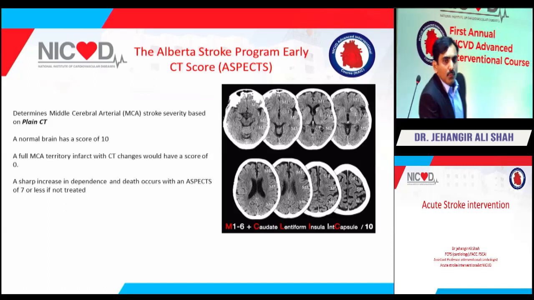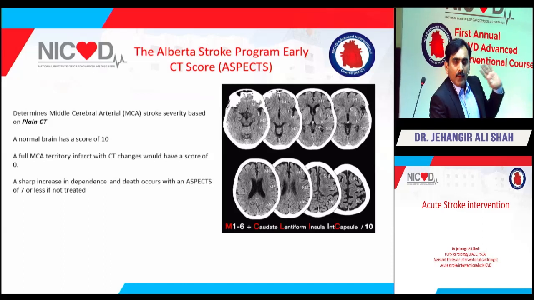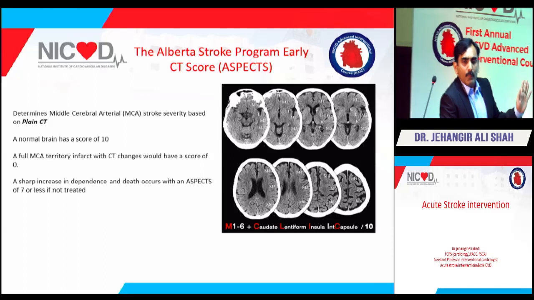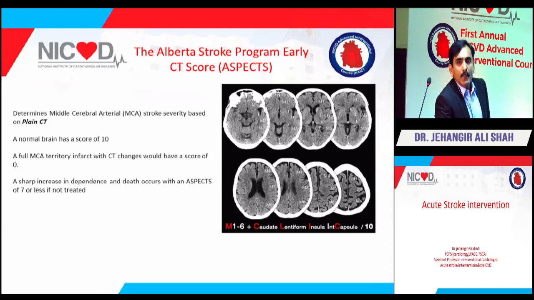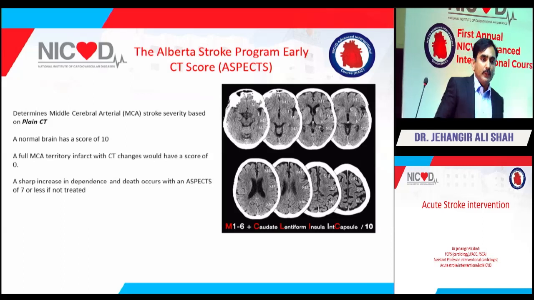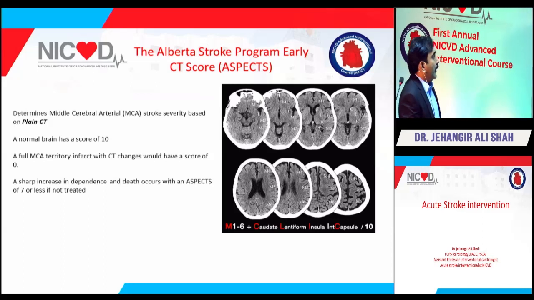Normally the ASPECT score is calculated on the CT scan. Normal is 10. For mechanical thrombectomy, the ASPECT score should be 6 or more. For any abnormality in a region, you subtract 1 from the score.